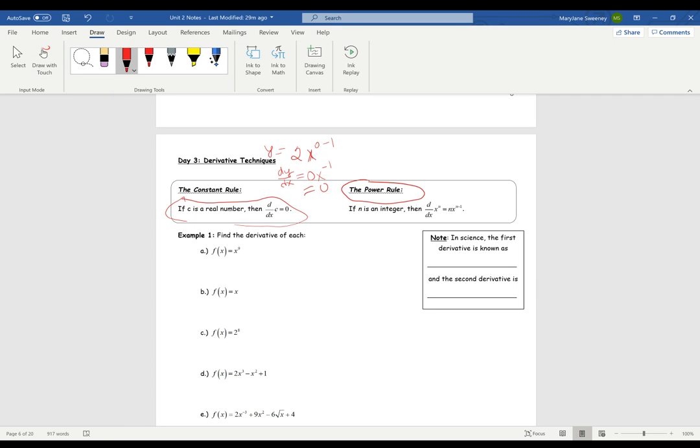So the derivative of a constant is 0. Here it says, in science, the first derivative is known as the velocity, and the second derivative is known as the acceleration.